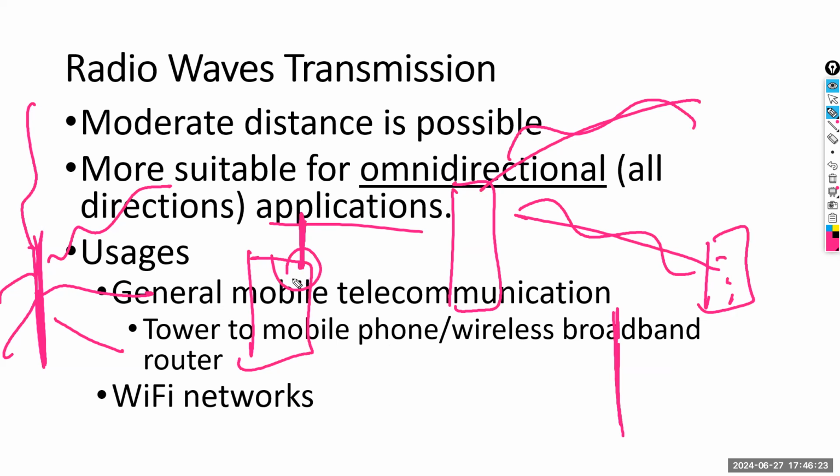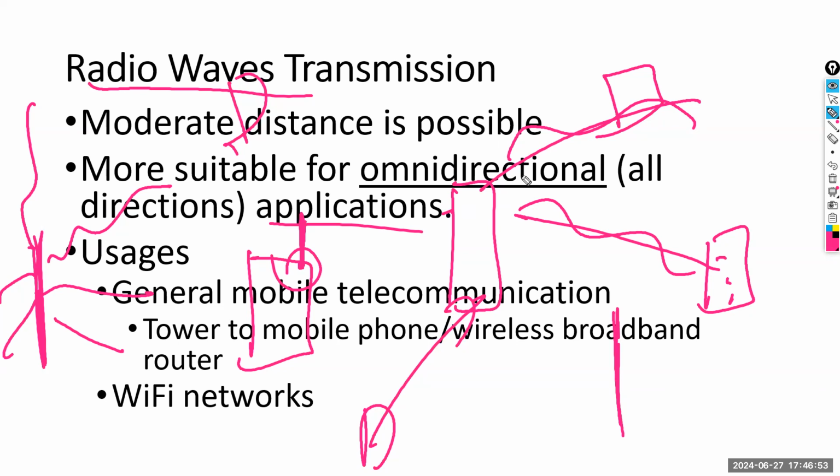And it is an omnidirectional antenna. Those towers also have omnidirectional antennas if they use radio waves. So that is why whether you are left of the tower or right of the tower or wherever, you can get the signal, because radio waves use omnidirectional antennas. And it's fairly high bandwidth, but not the best bandwidth.